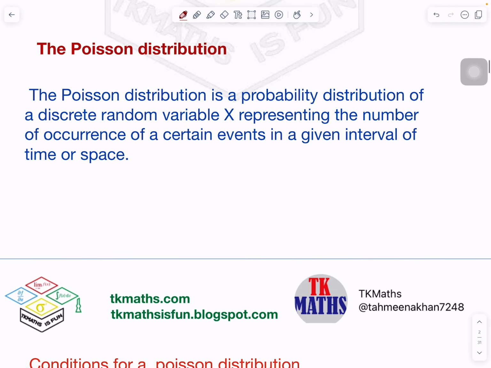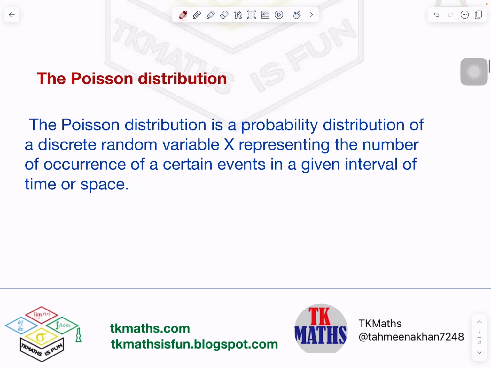So let's start. First of all, what is a Poisson distribution? The Poisson distribution is a probability distribution for a discrete random variable, and it talks about the occurrence of a certain event in a given interval of time and space.